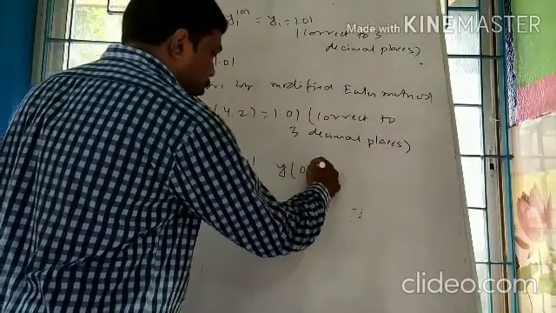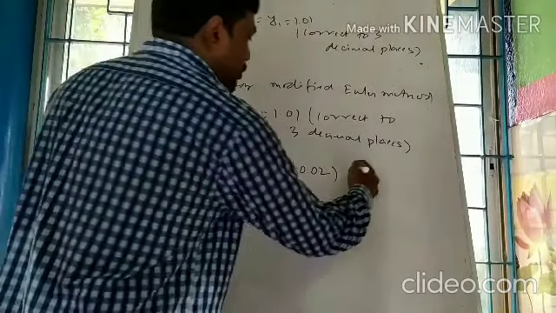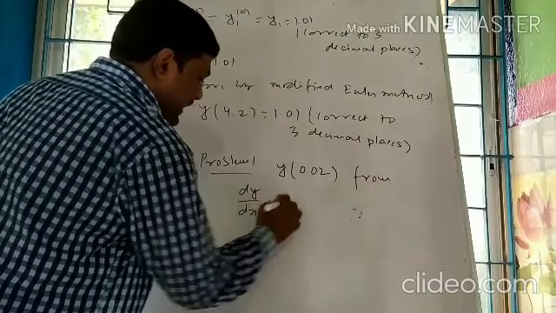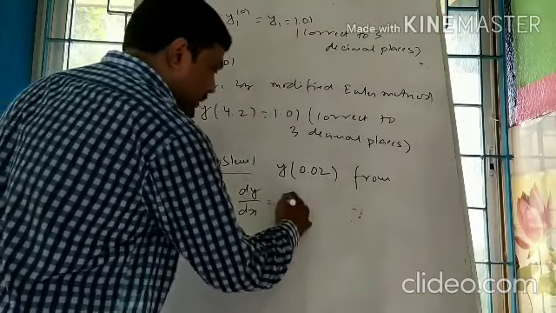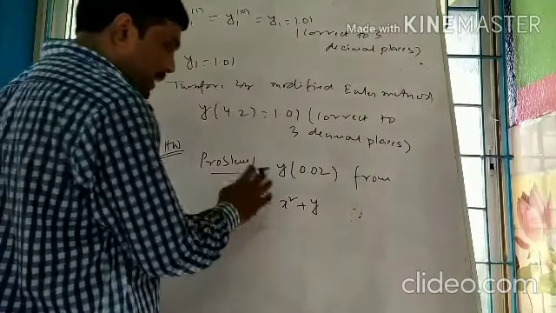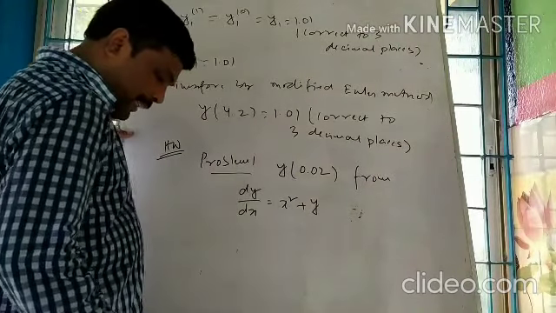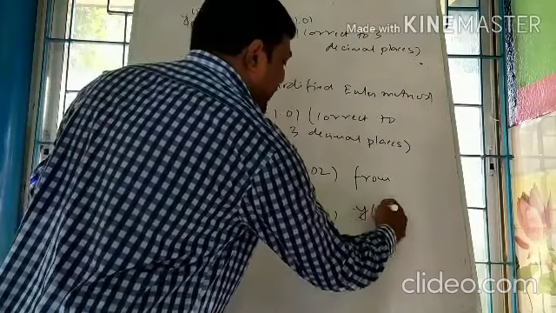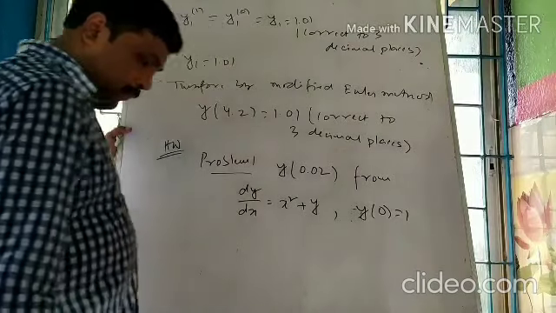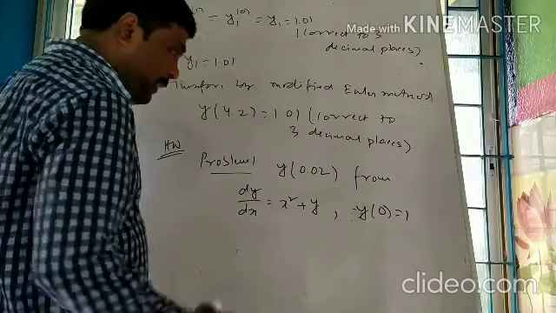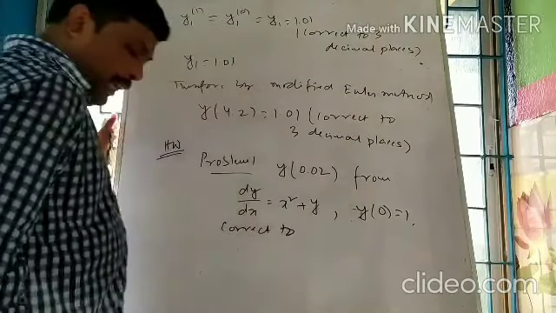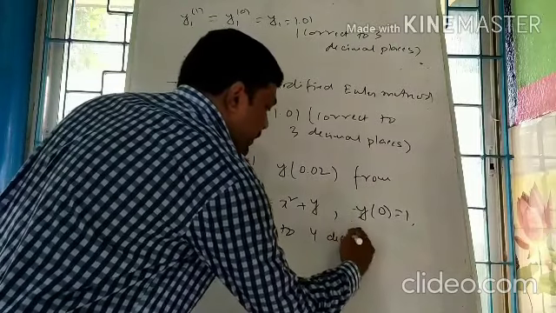Compute y at 0.02 from the differential equation dy dx equals to x square plus y, with initial condition y of 0 equals to 1, correct to 4 decimal places.